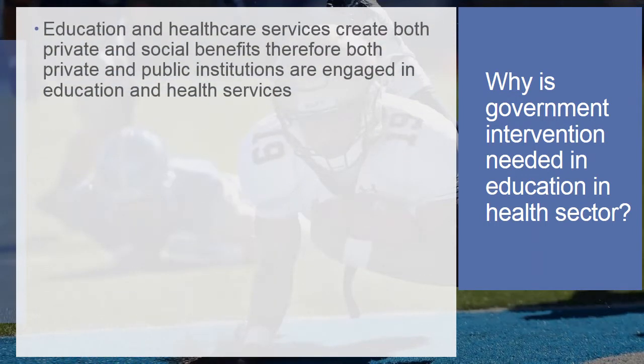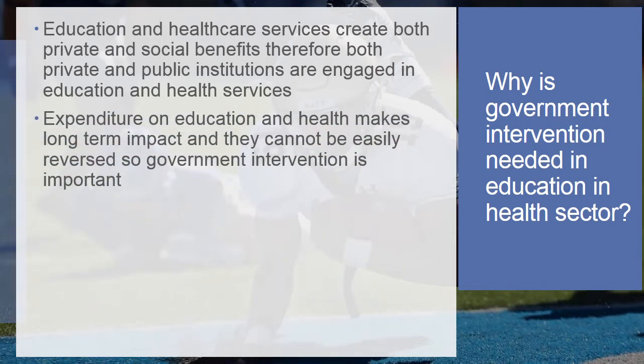Education and healthcare services create both private as well as social benefits. Therefore, both private and public institutions are engaged in education and health services. Expenditure on education and health makes long-term impact and they cannot be easily reversed.